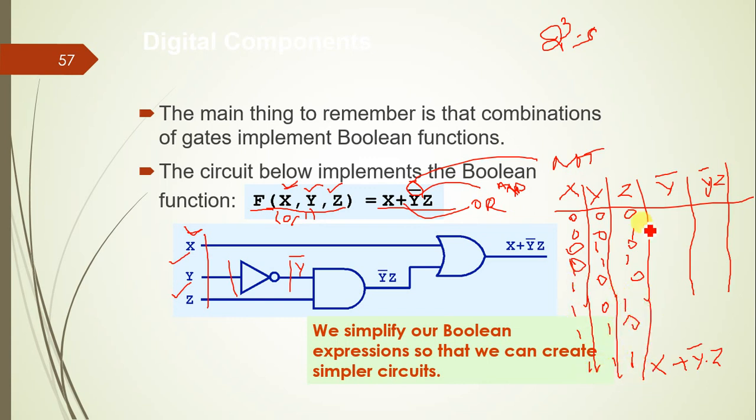Let us take the y complement, which is 1 1 0 0 1 1 0 0. Since the space is not available, I'll just strike out this thing. So what is y complement into z? That is 0 into 1, that is 0, 1 into 1 is 1, then 0 into 0 would be 0, and 1 into 0 would be 0, 0 into 0 is 0, 1 into 1 is 1, then 0 into 1 is 0.